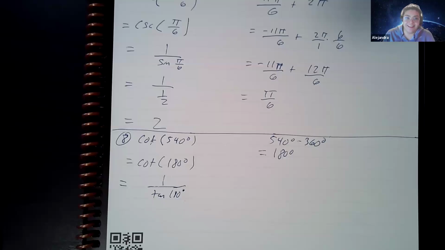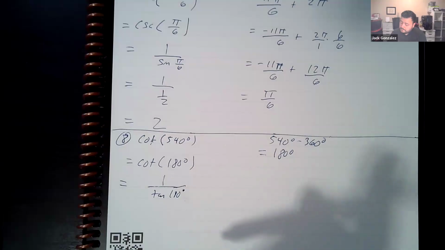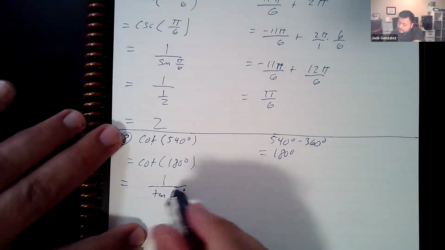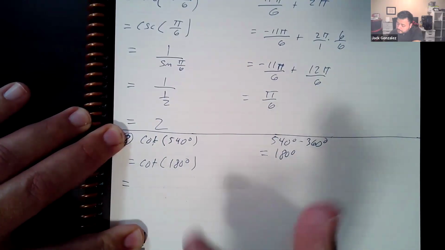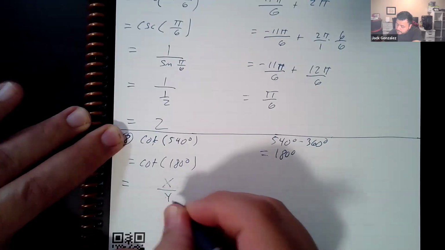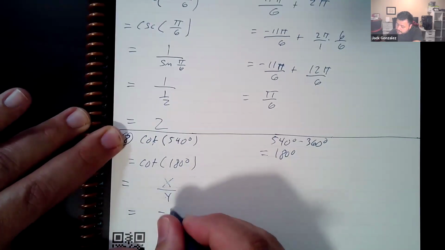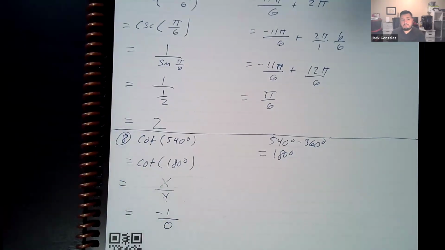Cannot compute. So this is the same, we can also write it this way to make it more obvious. This is the same as x over y, which is negative 1 over 0, which is a problem, right? So it's undefined at this angle.